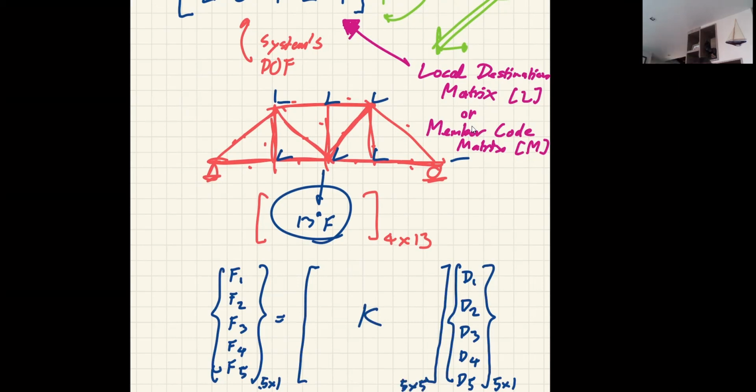So the bottom line is that the size of the stiffness matrix of the system has to be related to the number of degrees of freedom. If your system has 5 degrees of freedom, the force must be 5 by 1, displacement 5 by 1, and the stiffness matrix is therefore 5 by 5.